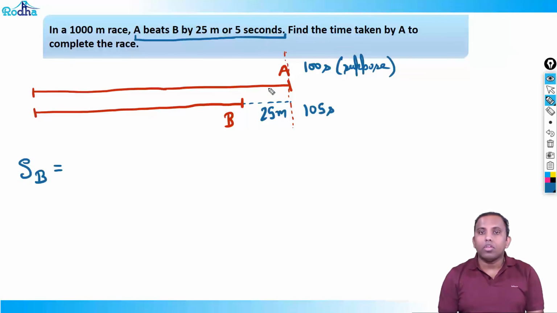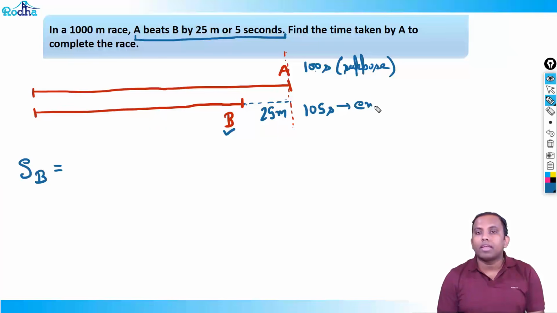When A has completed the race in, suppose, 100 seconds, B is 25 meters behind the finishing line. This distance of 25 meters is covered by B in this extra 5 seconds.